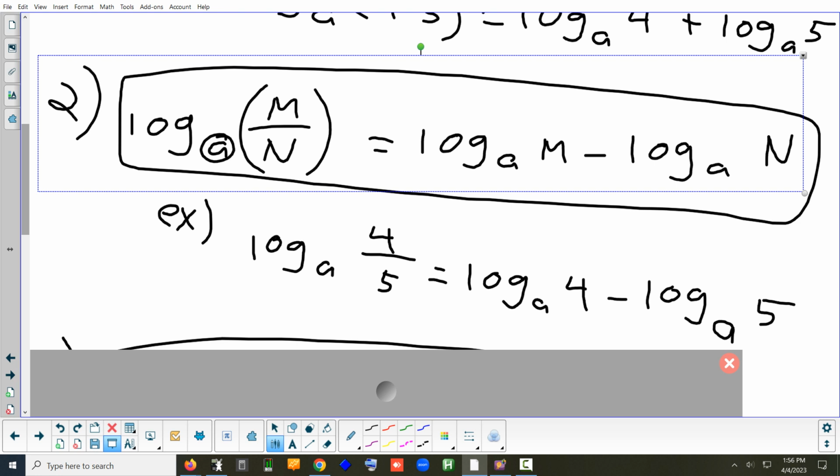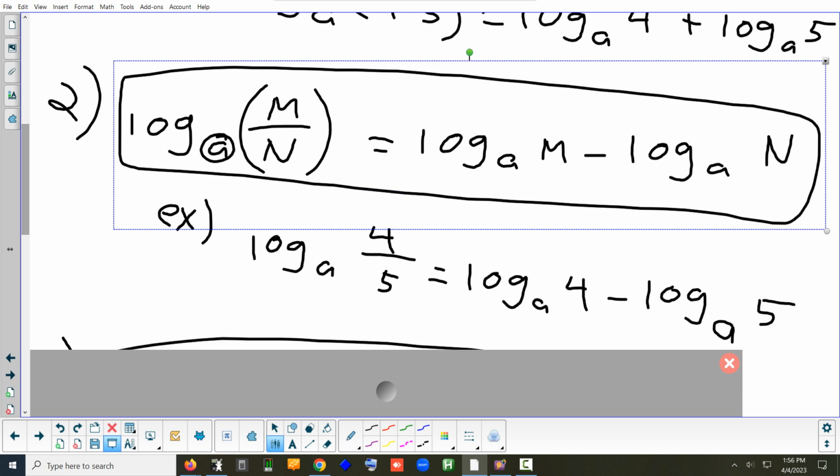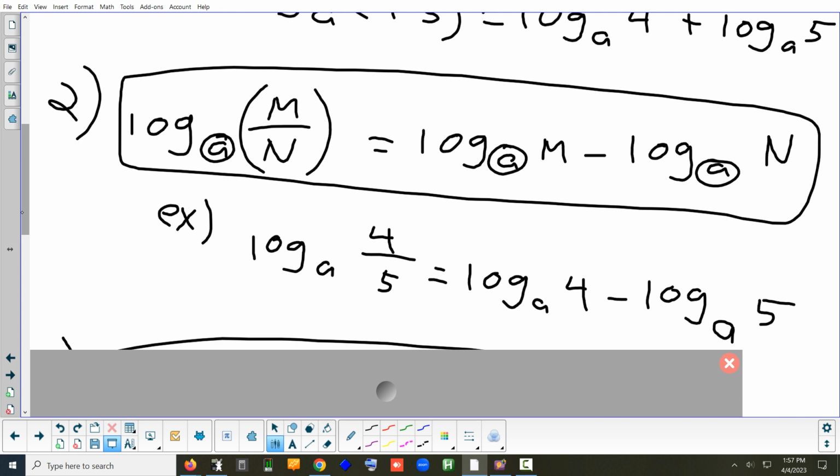A. The base starts as a. It stays as a. The base doesn't change for the whole problem. So you use whatever base they give you and you keep it the same, whether you're taking something and splitting it into two logs, or you're taking two logs and combining it into one. Keep the base the same.